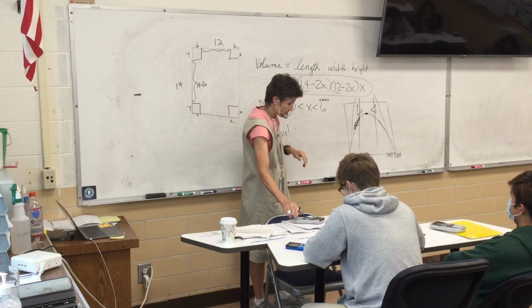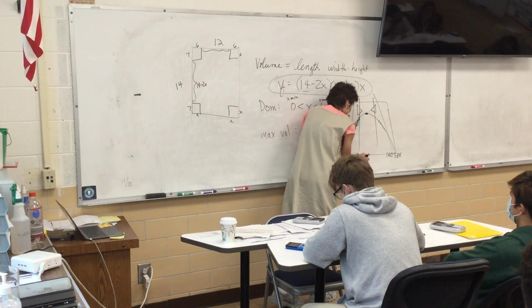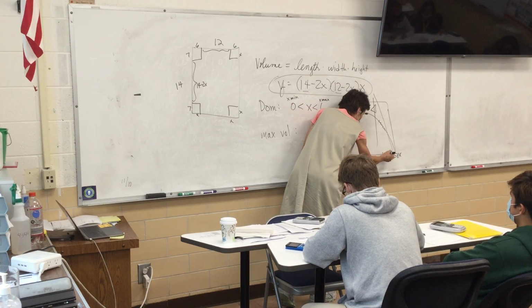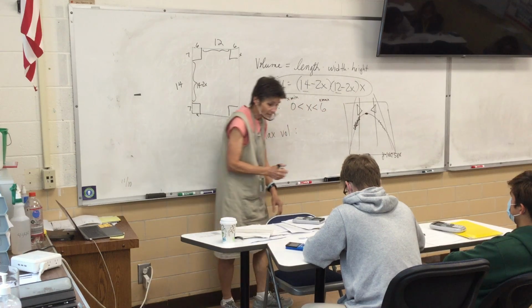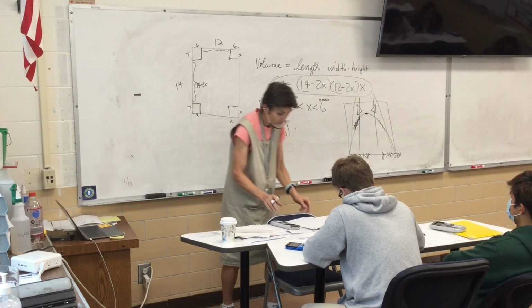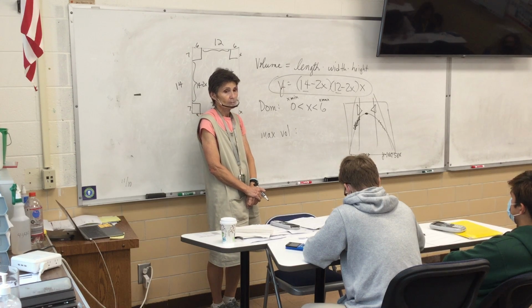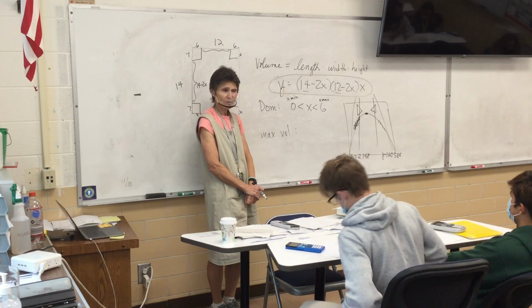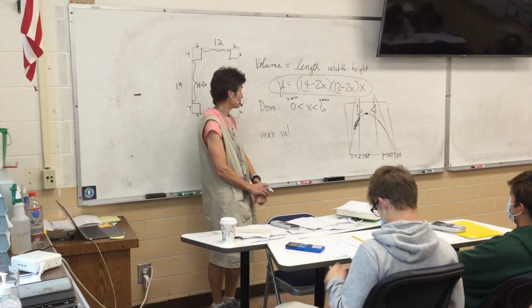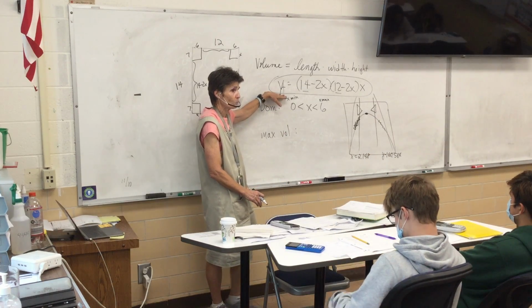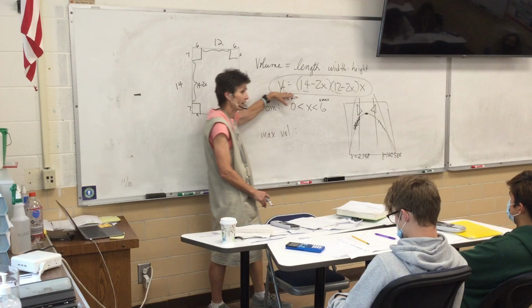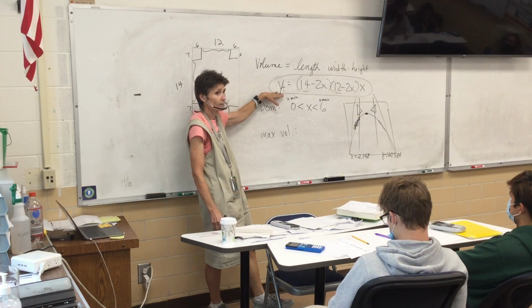Now, this is the X value, this is the Y value. The question said, find the maximum volume. Okay? What do you think I want? The X value or the Y value? Remember when you set up your equation, do we want X or Y if we want the volume?